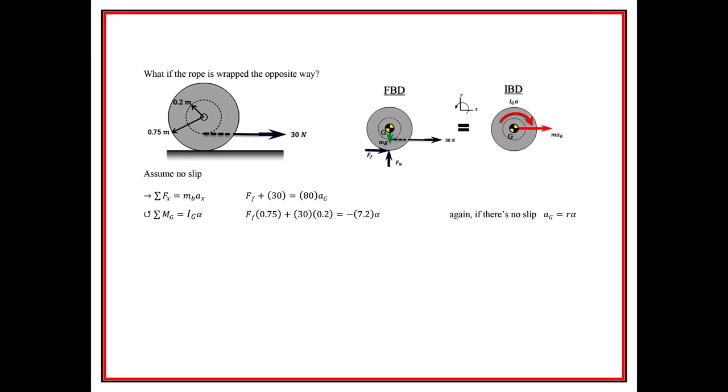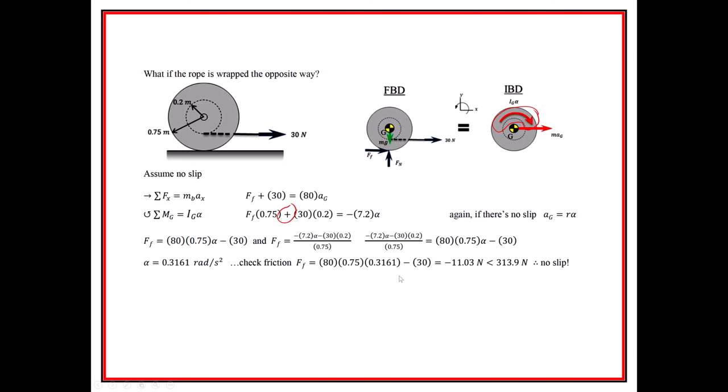We're still taking moments about G, and we still have this in the clockwise direction. Again, if there's no slip, we have that a_G, and we apply all these things and now we get negative 11.03. It's interesting that it's in the negative direction, so that friction is actually sort of pushing this thing along.